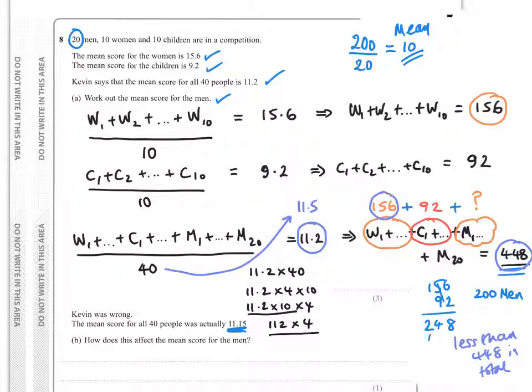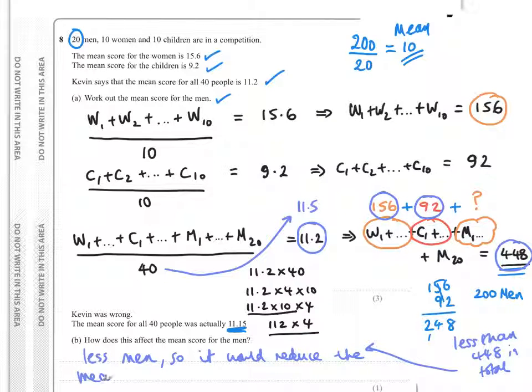Well, these numbers remain unchanged, so it would mean there would be less men, so it would reduce the mean. And in brackets, just put still dividing by 20, you see, that's unchanged. Okay, so we've got less men, and that number, which is less, is still being divided by 20, which is going to reduce the mean. So definitely underline the word reduce.